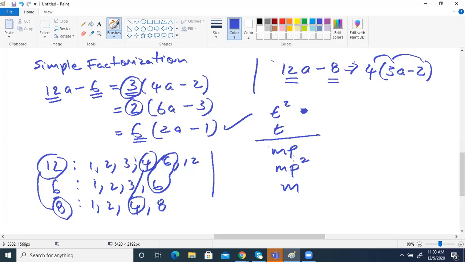It would be m, because m can go into itself, m can go into mp squared, m can go into mp. However, if there was no m and it was just these two, it would be mp, because mp can go into itself, mp can go into mp squared, but mp squared can't go into mp without leaving some kind of remainder, right?